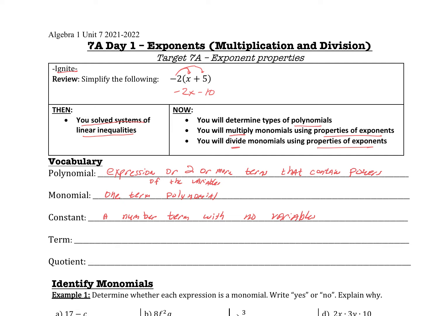A term is an expression separated with a plus or minus sign. A quotient is an answer to a division expression.